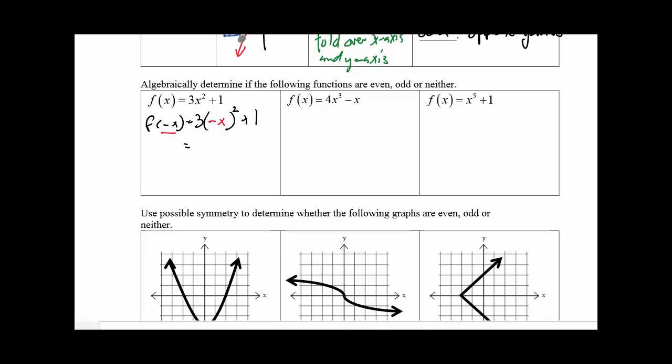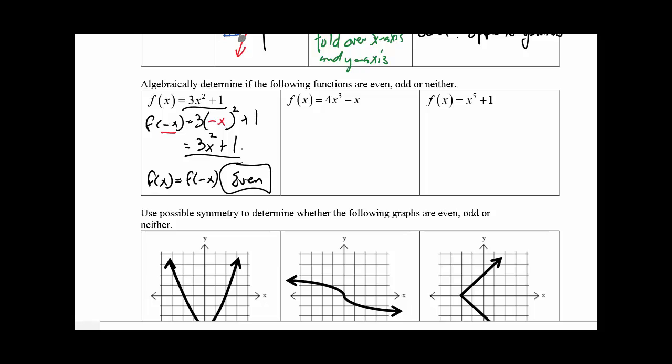If you square a negative, you get a positive, so I get 3x squared plus 1. Now, how does that compare to the original? They are the exact same. So f of x in this case is equivalent to f of negative x, and that is textbook even, which means this particular function is an even function.